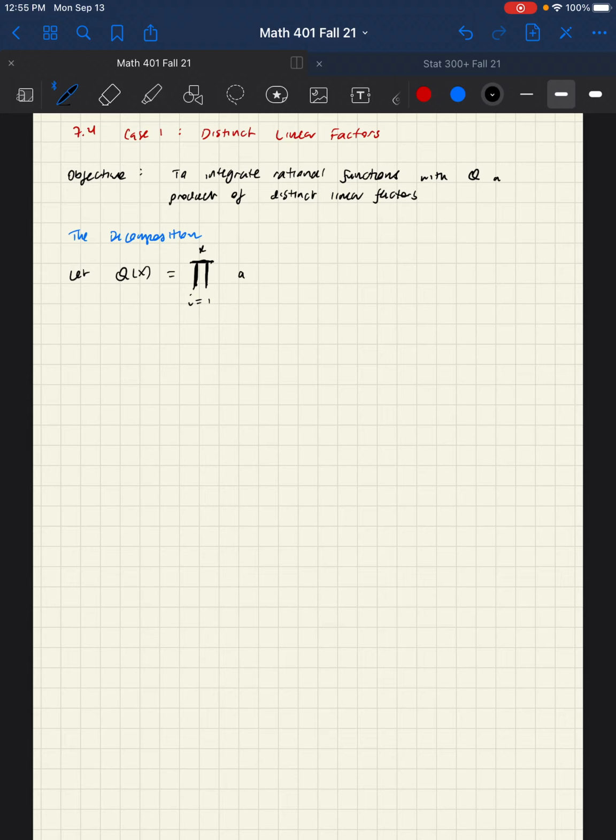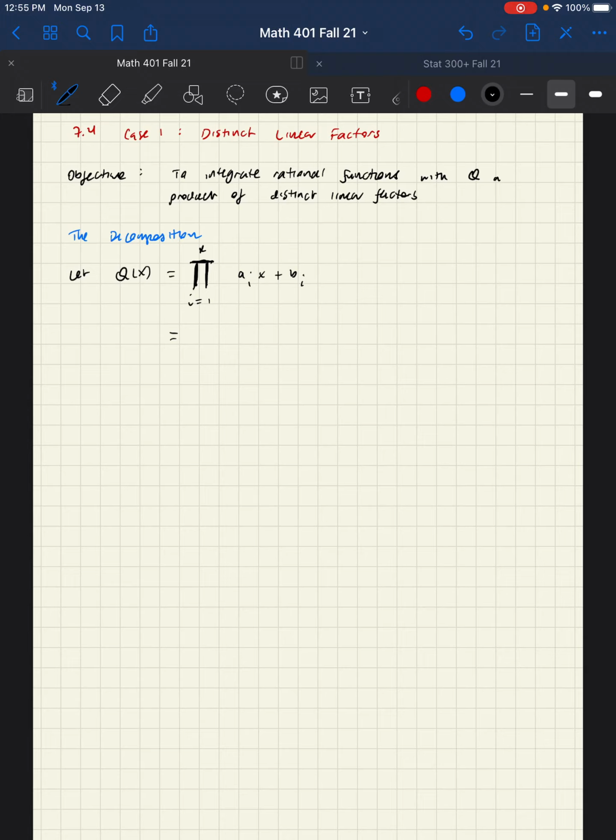And the form of the things that we're iterating is a sub i x plus b sub i. And what this notation is saying is we're multiplying them. So in other words, this is a product. And so when the same term repeats but with some minor variations, like in a sum, we can express it in shorthand using the product sign.